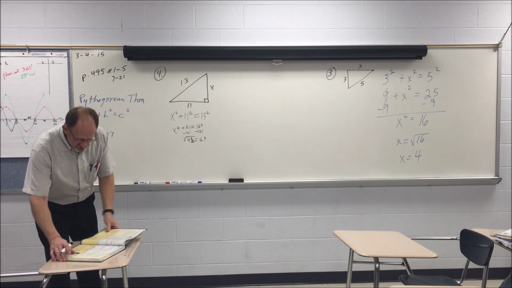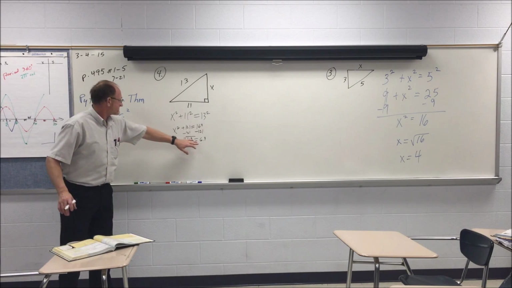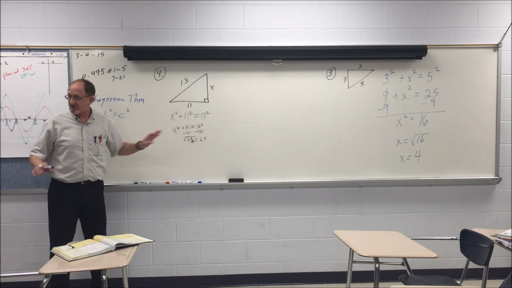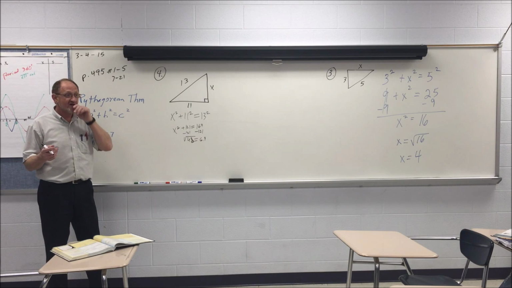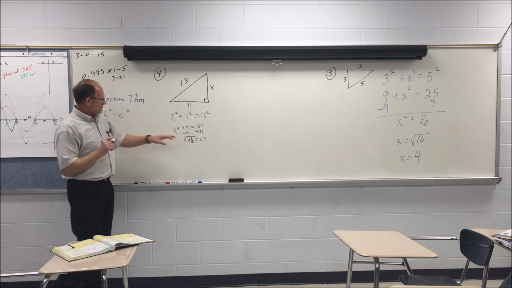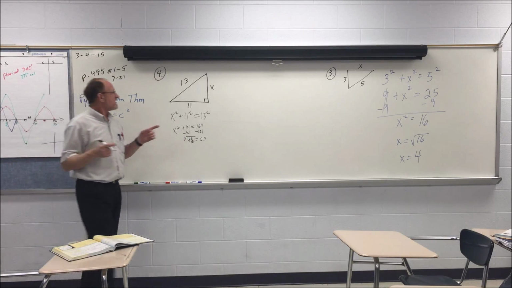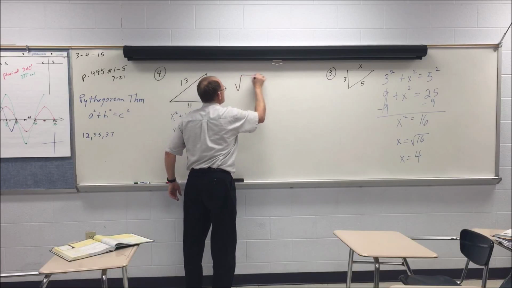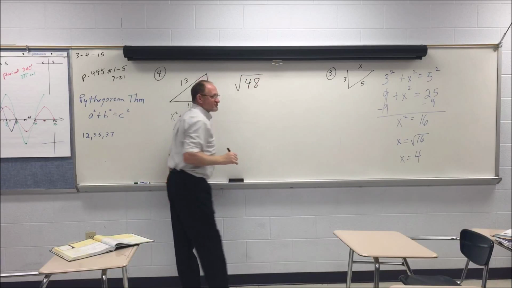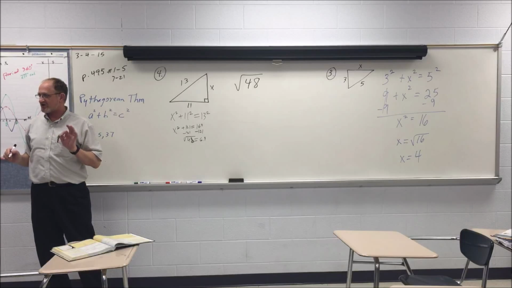I will accept 6.9 or the square root of 48 as an answer. Those are correct answers. I did want to show you one thing that if you're doing this on a multiple choice test like the ACT, and you get the square root of 48 as an answer, sometimes they want that in what they call simplest radical form.